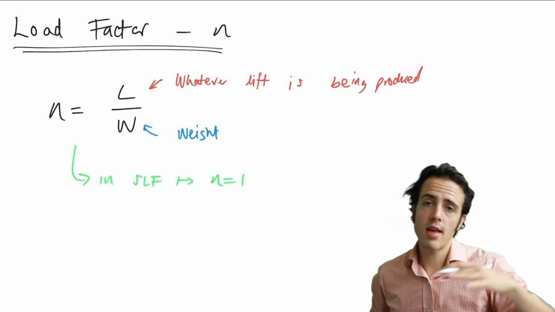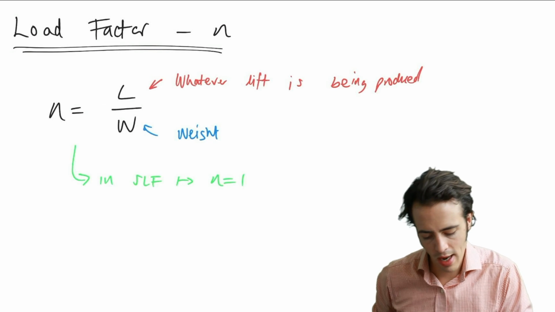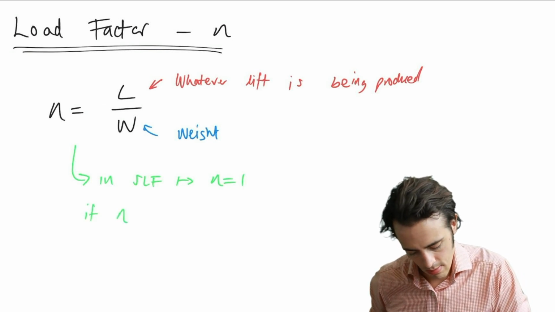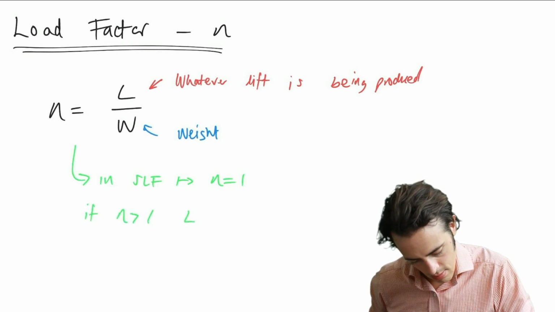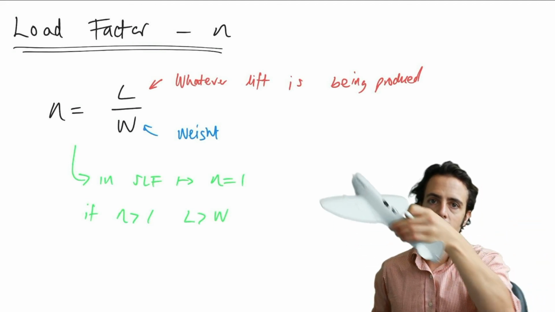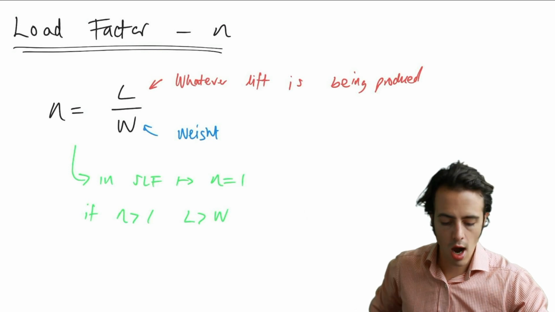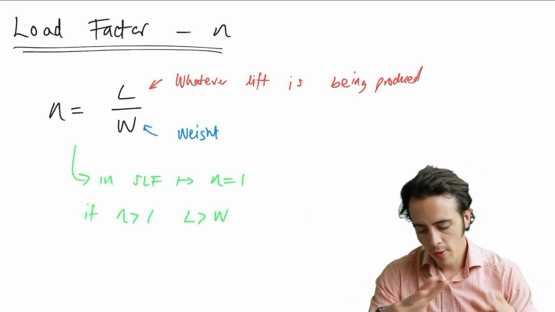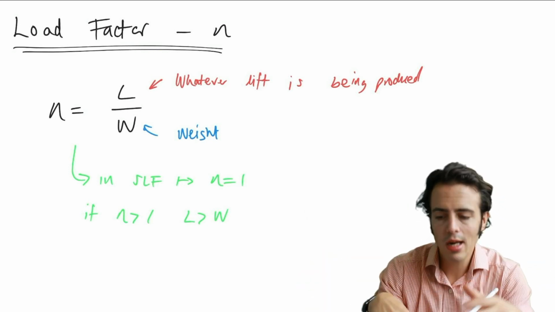If we increase n above 1, then the lift is greater than the weight, and in that case the aircraft will have a tendency to turn in a circular arc.